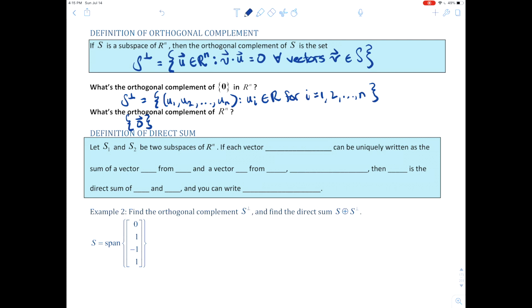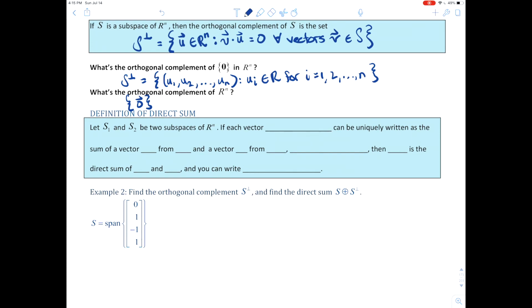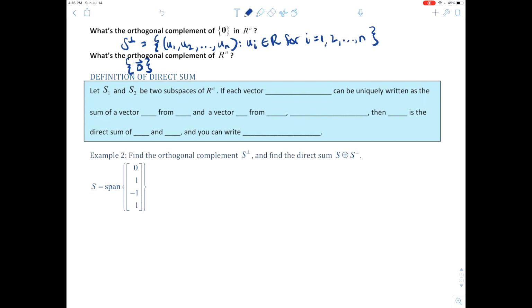Cool? All right. So definition of direct sum. Let S1 and S2 be two subspaces of Rn.